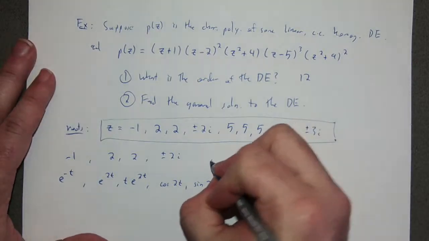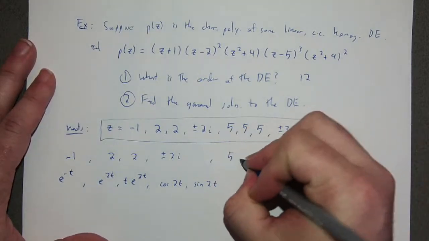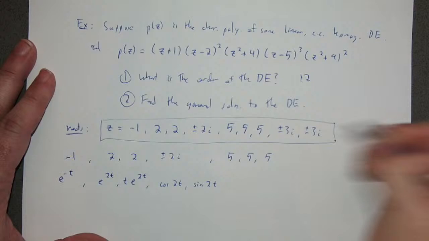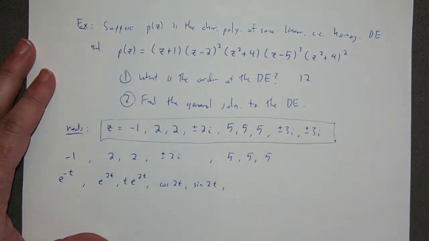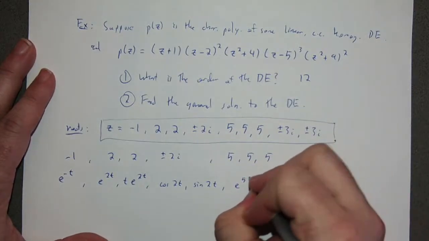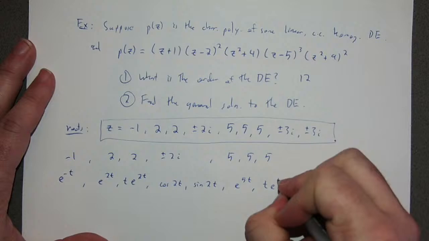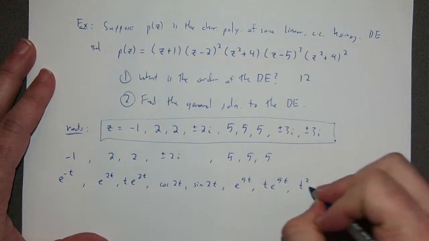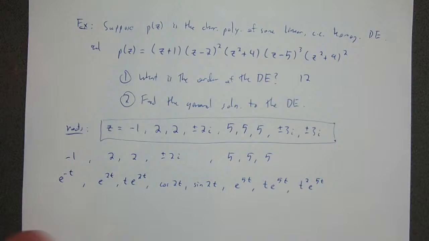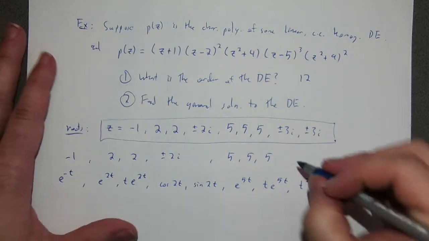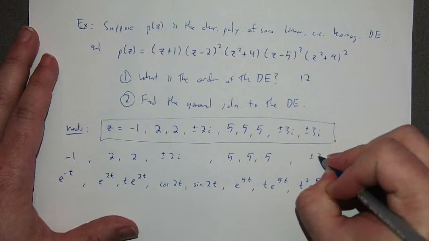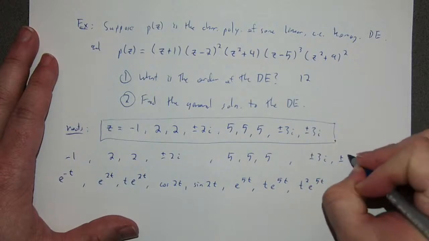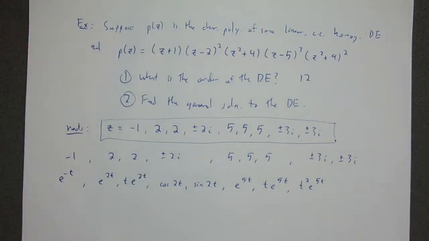All right. What about my triple root 5? I should get three solutions. So I get e to the 5t, t e to the 5t, and t squared e to the 5t. And then lastly, for my multiplicity 2 conjugate pair of roots, plus or minus 3i, right, but they each have multiplicity 2.